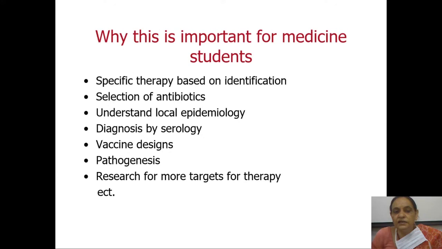Then you also understand the pathogenesis, like I told you, where does the fimbriae act, what are the enzymes, what are the toxins. They help you understand the pathogenesis of the disease, and thereby you manage the patients, you formulate other strategies for its prevention and control. And of course, research for more targets of therapy.